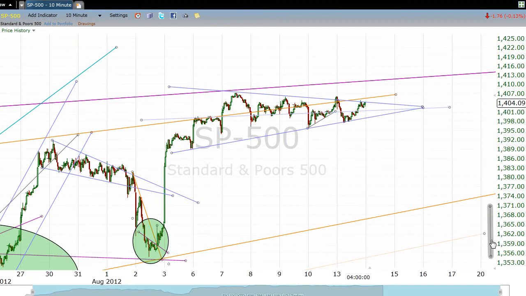And that tells us that whatever happens, we expect a move of roughly 16 points to take place when this pattern breaks. If it breaks to the upside, then that should lead to a move up to 1420. But you know, it's got a hurdle to overcome here. And if it breaks to the downside, then we're looking at something in the mid 1380s. So this is not a huge pattern.